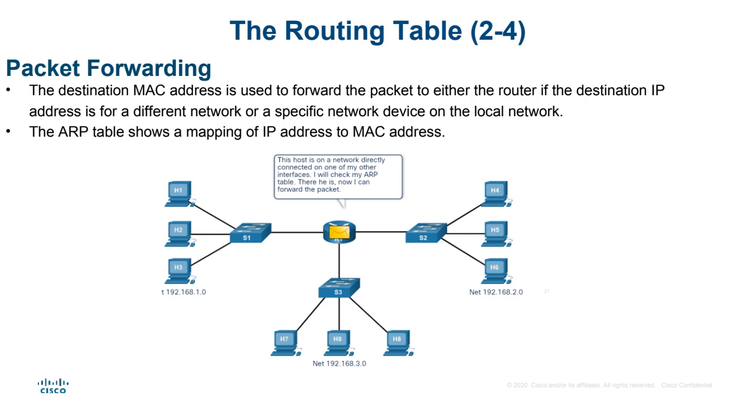And if I am sending a message from my computer to your computer, does it need to go outside to the router and then come back to you? No, because you are in the same local area network. But if I am sending from this computer to this computer, it has to go through the router.